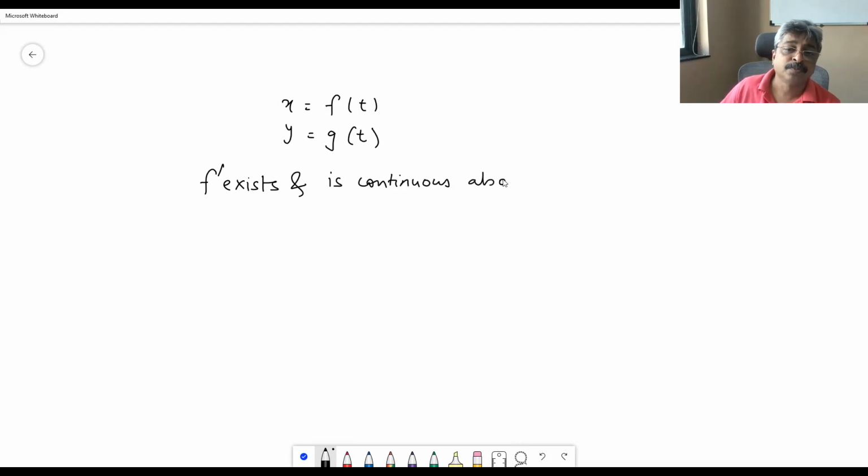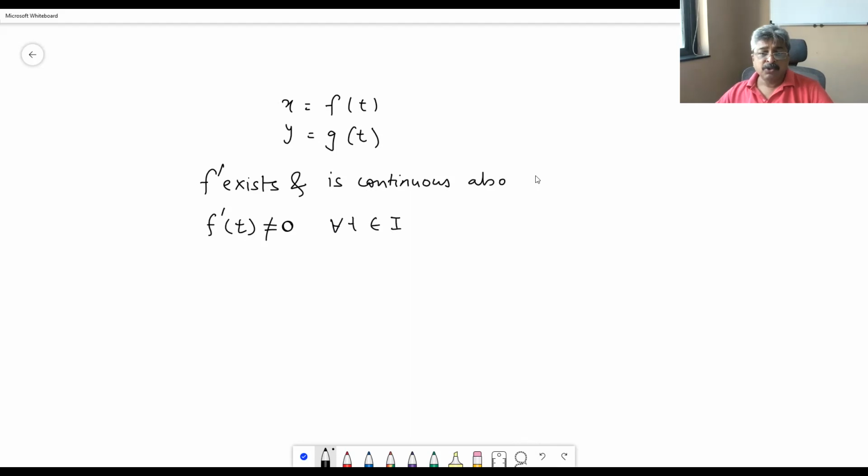Also, it was given that f dash of t is not equal to 0 for every t belonging to I. If that was the situation, then it is important.